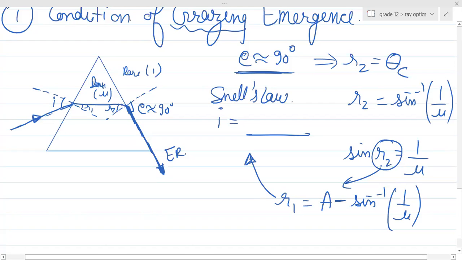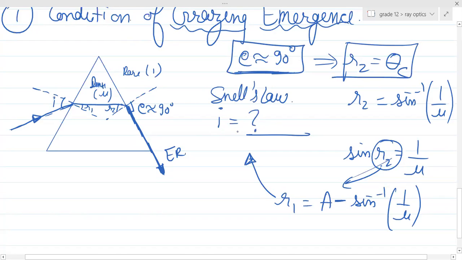So, guys, whatever condition is given, accordingly we'll manipulate the equations in such a way that whatever is required can be obtained easily. The main thing is, if it is grazing emergence, then angle of emergence is 90 degrees, and for that R2 will become theta c, and then we'll follow the whole thing. Is this condition clear, guys?